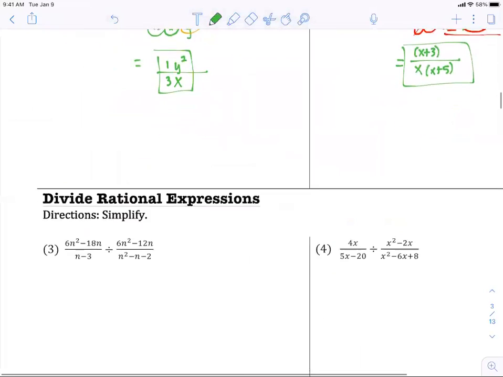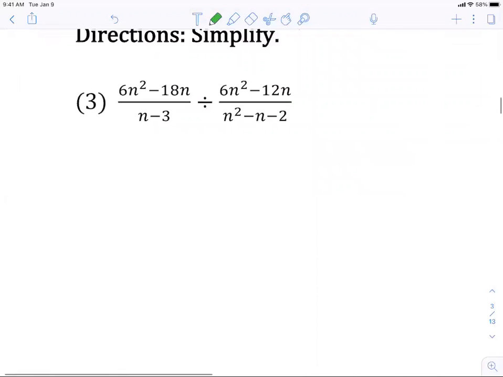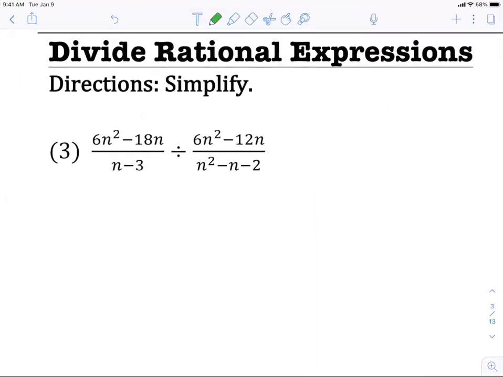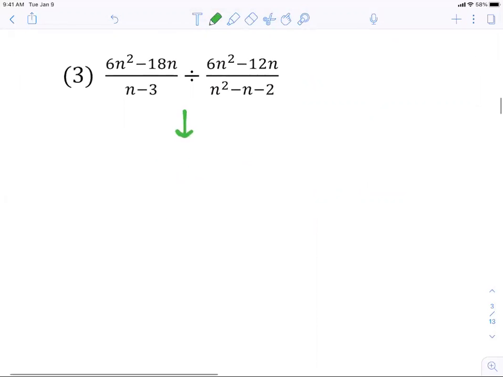Now dividing is pretty much the same step, except for when you divide fractions, you guys will remember, dividing fractions is basically one step away from being a multiplication problem. When you divide by a fraction, dividing by a fraction just means multiply by the reciprocal. So this problem right here is actually equivalent to this problem.